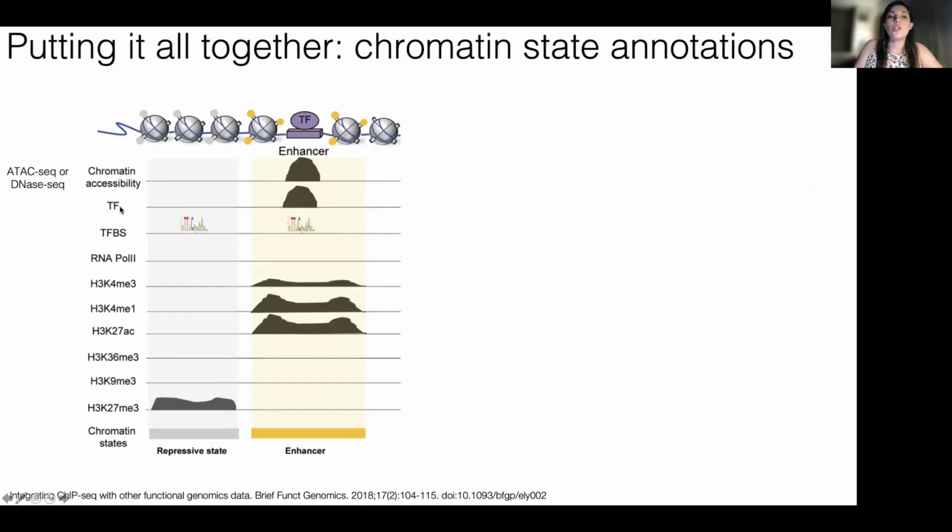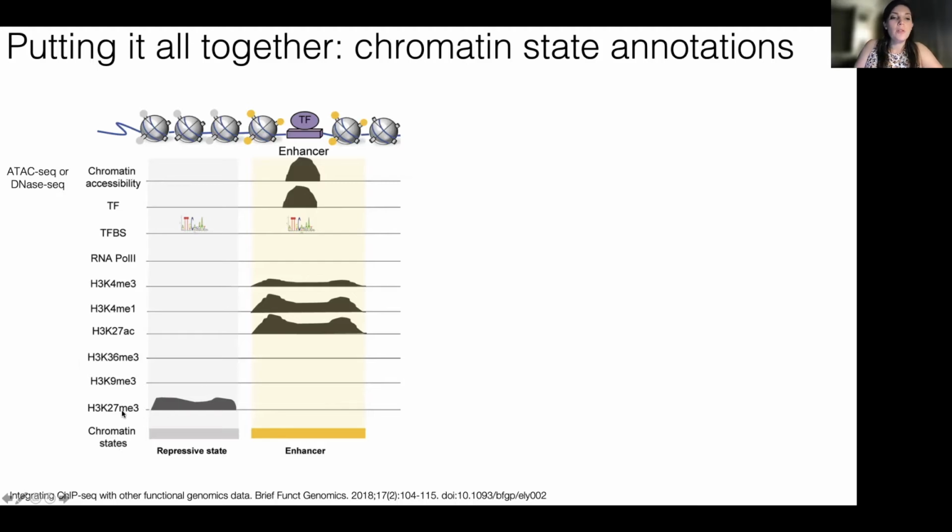We can look at if a transcription factor is bound with ChIP-seq. We can quantify the transcription factor binding site via other methods, in silico methods, and sequencing that lets us see what genetic variation exists there. RNA polymerase with ChIP-seq, different histone methylation, acetylation, and ultimately we just boil this all down to a chromatin state.